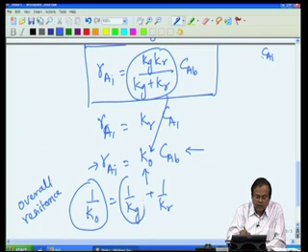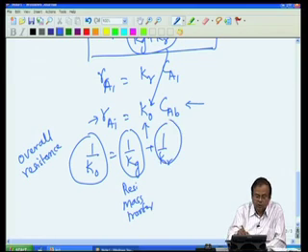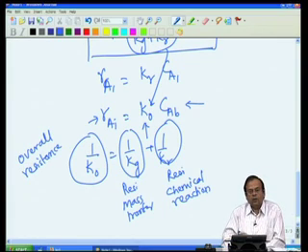This quantity, 1 over Kg, is the resistance due to mass transfer, and this quantity, 1 over Kr, is the equivalent of that due to chemical reaction. Transfer coefficient and resistances are inverse of each other.